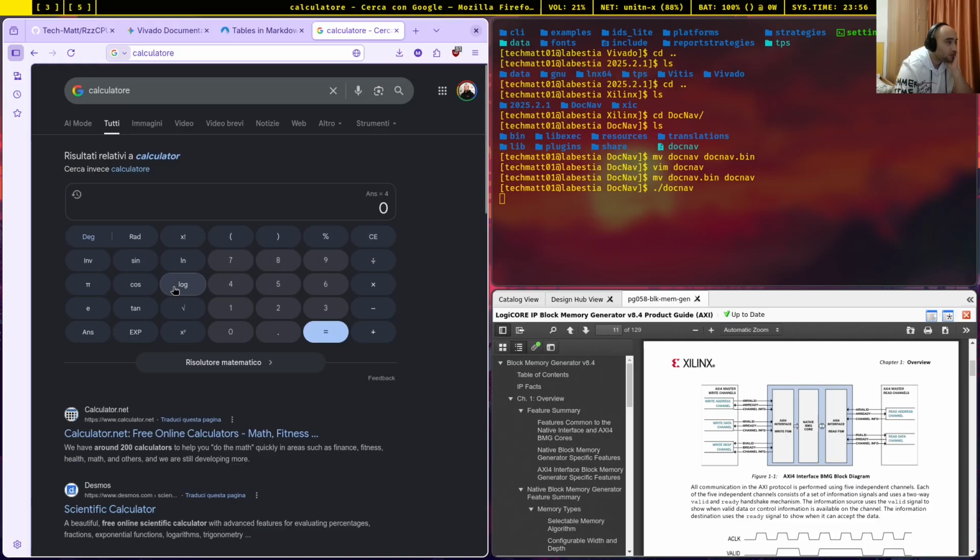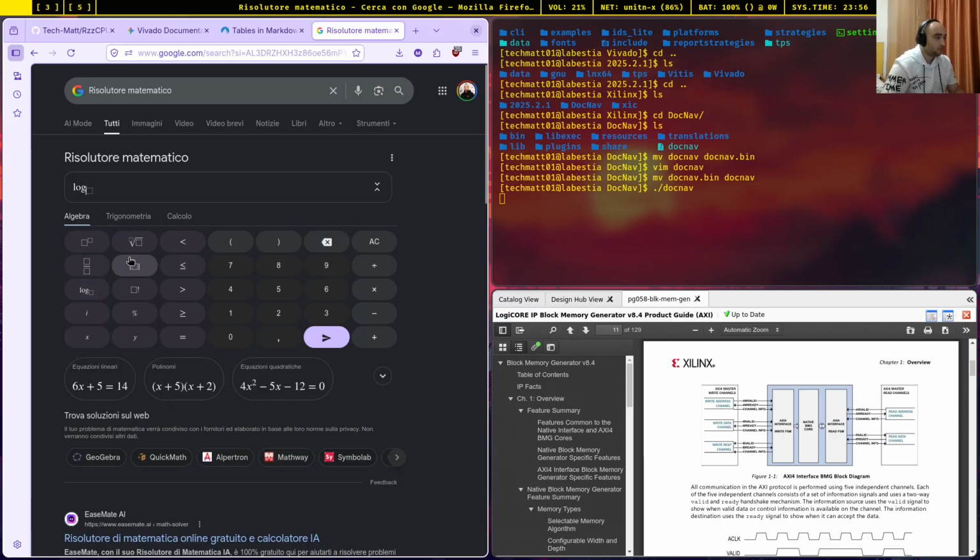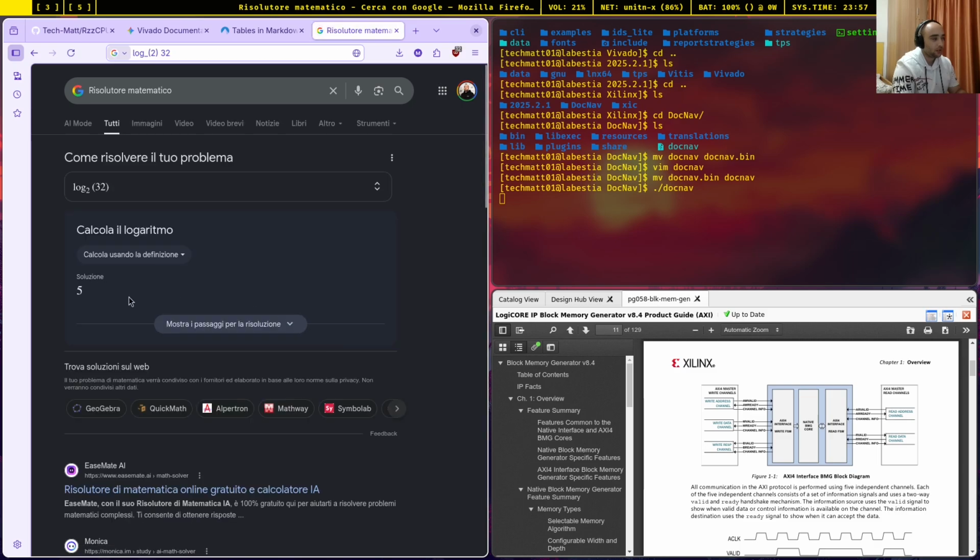Logarithm base 2 of 32 kilobytes. Oh, I mean, this is going to be 5.